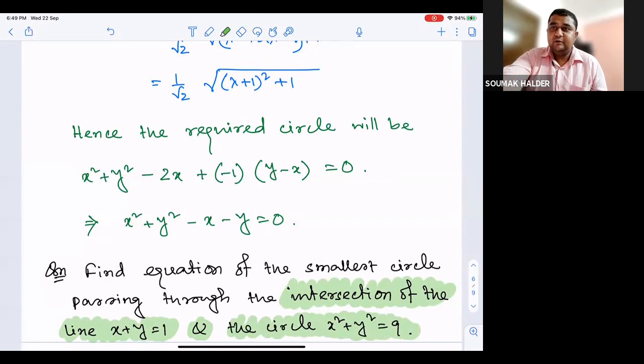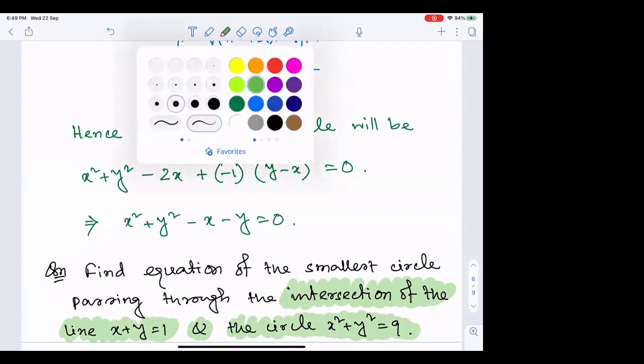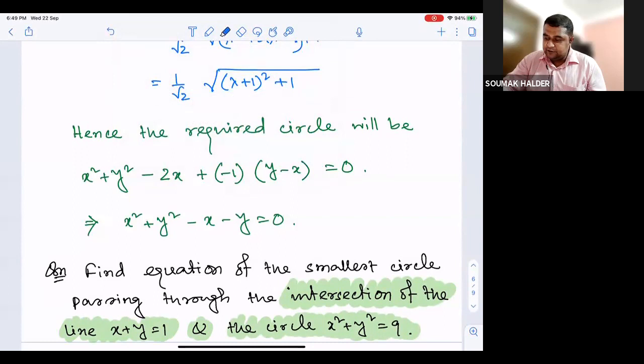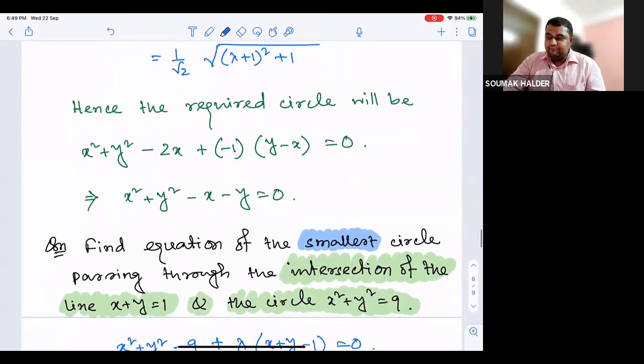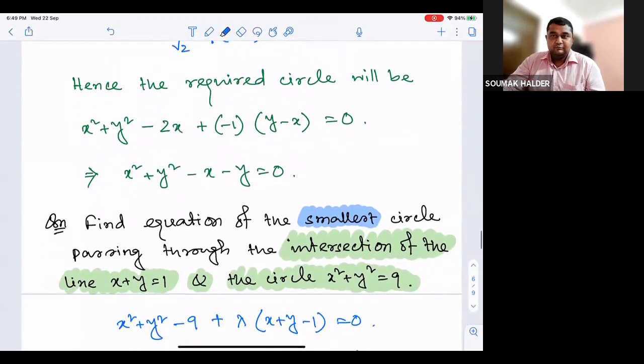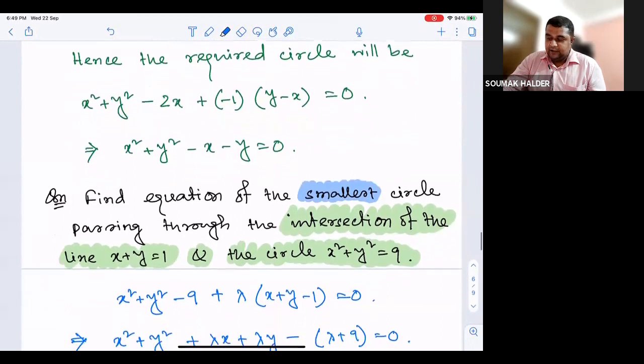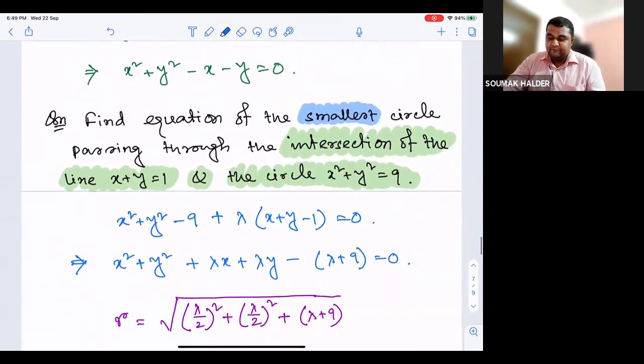Yes, sir. The additional information is that we need the smallest circle. So we get the family of circles, and then again we have the radius.